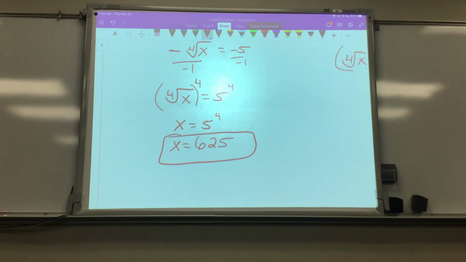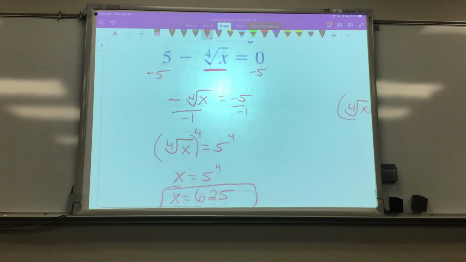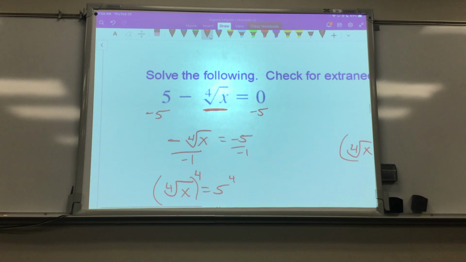One more thing we need to do is check our solutions. I'm dealing with radicals, and in this case it's an even index radical. So we need to make sure whatever we get for our answer doesn't cause the radicand, whatever's inside the radical, to be negative. If I plug 625 in there, we can take the 4th root of 625, which is 5, so 5 minus 5 equals 0.